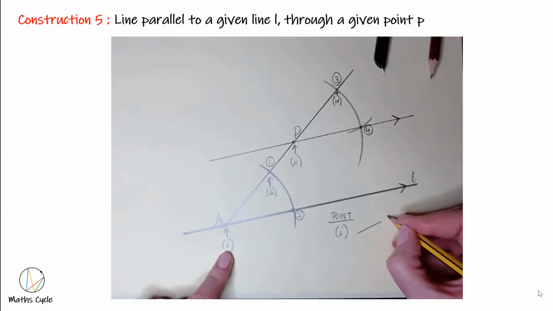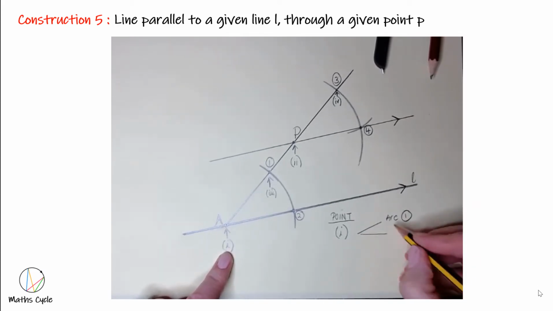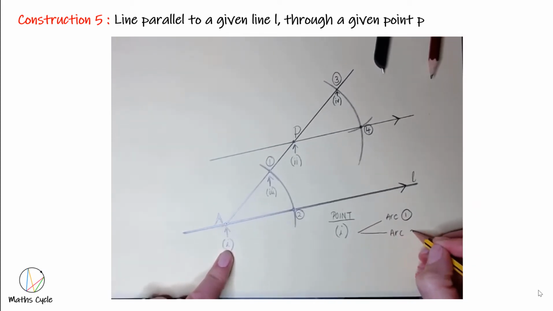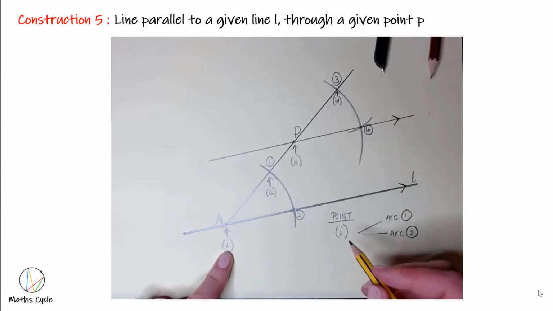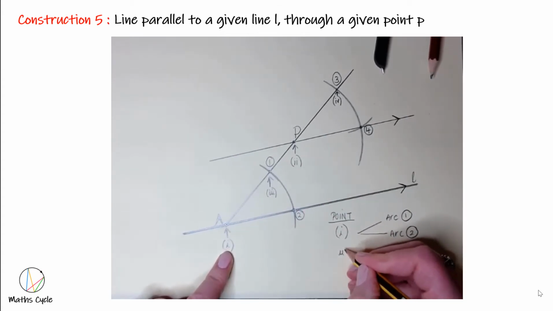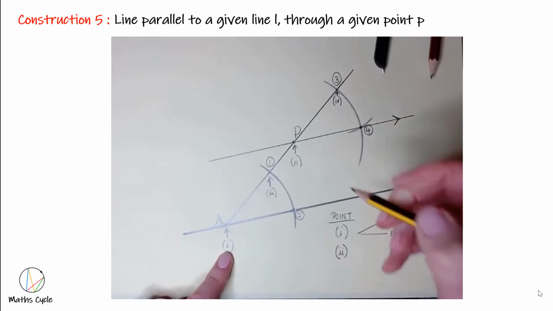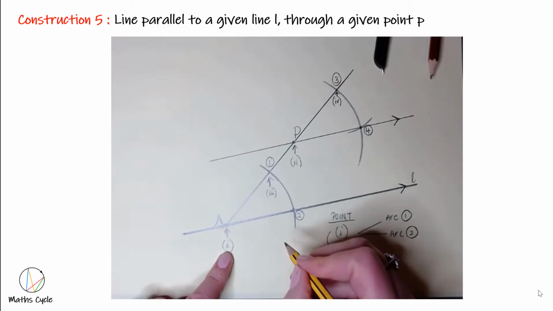We make an arc with the point of intersection 1, and then an arc, and we make that little point there 2. Then we take our compass and keep it the same length and move it up to P.